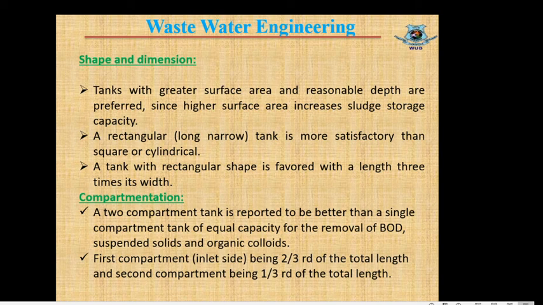So it is better to have greater surface area with reasonable depth while designing the tank. A rectangular long narrow tank is more satisfactory than a square or cylindrical tank. As we know, in a rectangular tank we can easily choose the dimension, that means length or width of the tank. A tank with rectangular shape is favored with length 3 times its width.